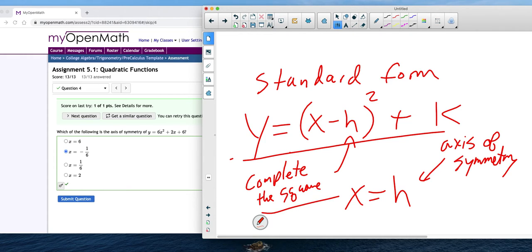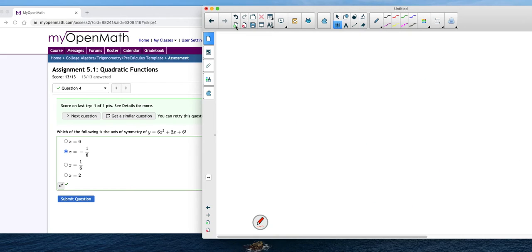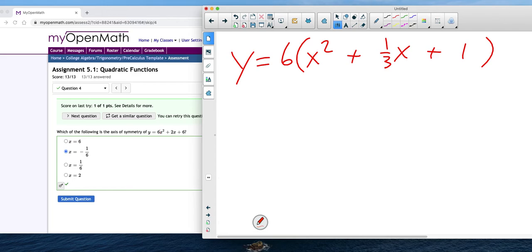Okay, so we've completed the square before, but we haven't done it with a number in front of the x squared. So let's see how that would look. The first thing you want to do is factor out the number in front of the x squared. So I factor 6 out of x squared, then out of the middle term it'd be 2 divided by 6, so 1/3 x, and the last term is 1.